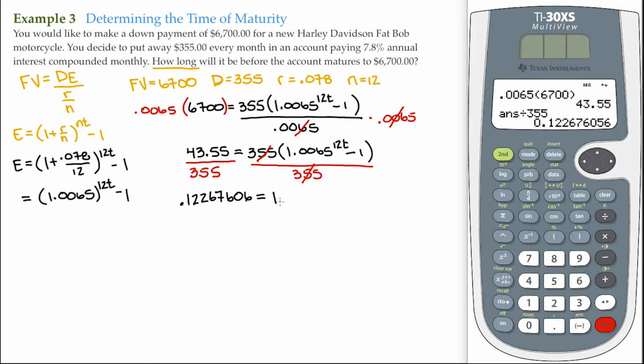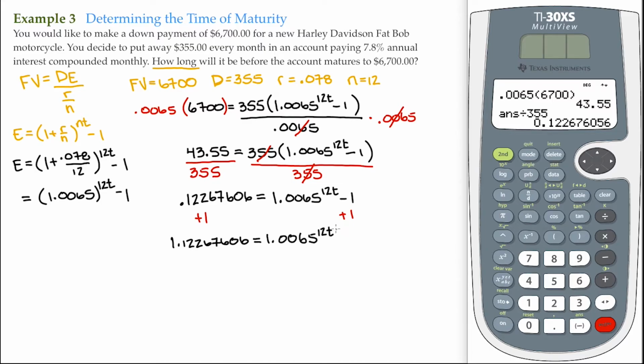That's equal to the 1.0065 to the 12t power minus 1. We continue with the algebra, add 1 here, add 1 on the other side. We have 1.12267606. That's equal to our 1.0065 to the 12t power.